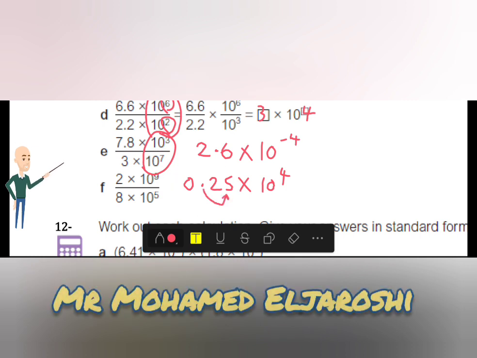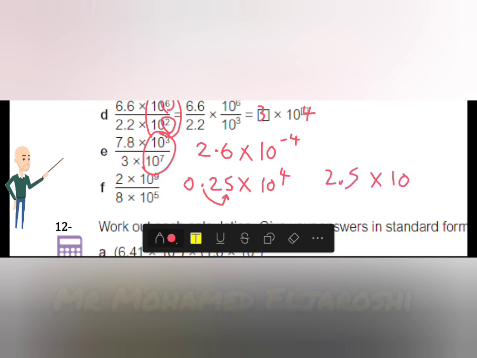So I moved to the negative side this time. So because I moved to the negative side, I'm going to do what? Very good. Negative means subtraction. Subtraction means you subtract one of these. So it's going to be 10 power of 3. So the answer will be 2.5 times 10 power of 3.